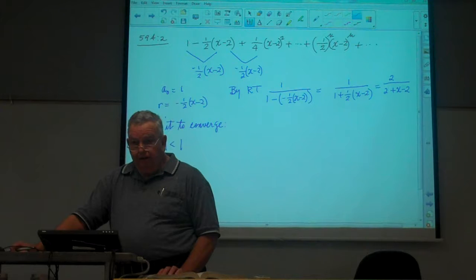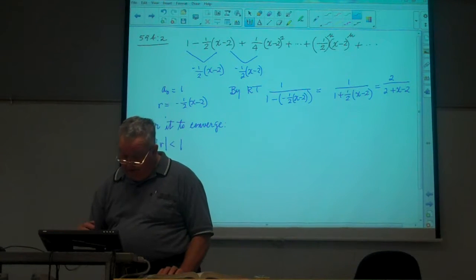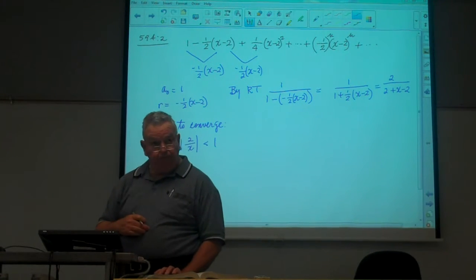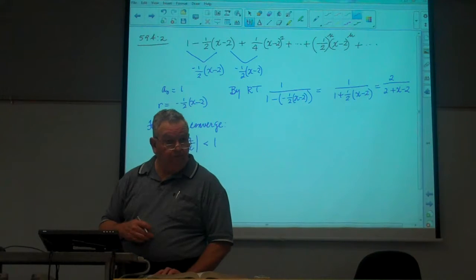I multiplied everything by 2. Is that okay? So that means that the absolute value of 2 over x has to be less than 1. Is that right?